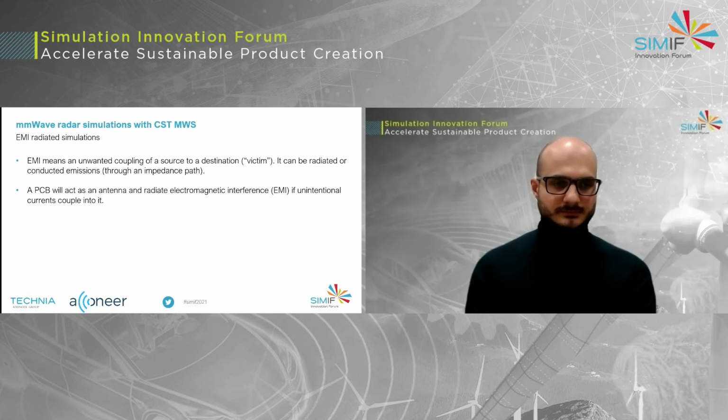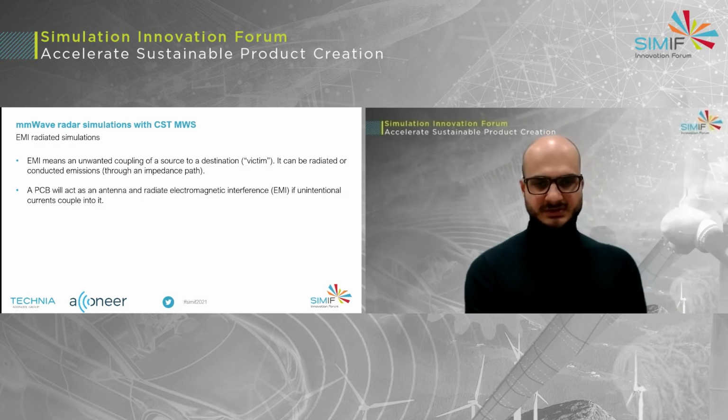Another type of problem we do simulation on is electromagnetic interference radiated simulations. This is particularly interesting for us because when we are certifying the product, we need to pass different certifications, and in each country the regulation is different.